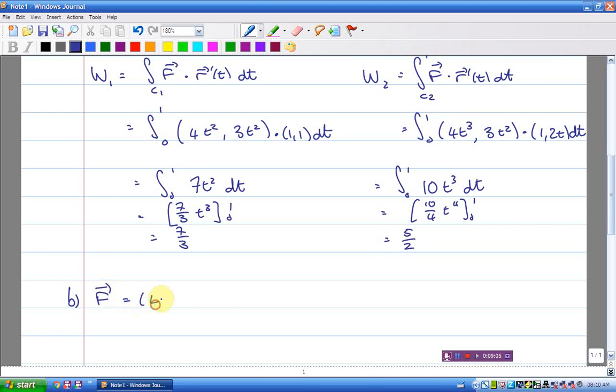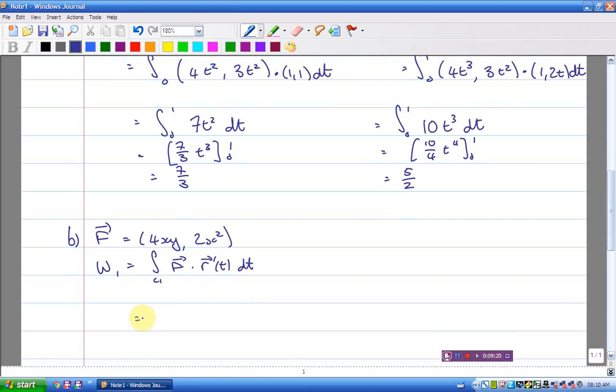What is it? 4xy and 2x squared. So what difference is that going to make? Work 1 is going to be very similar to the above, except with a 2 where there was a 3. And so instead of 4t squared plus 3t squared, I'm going to have 4t squared plus 2t squared, so I'm skipping a step here because it's so similar to the one above.